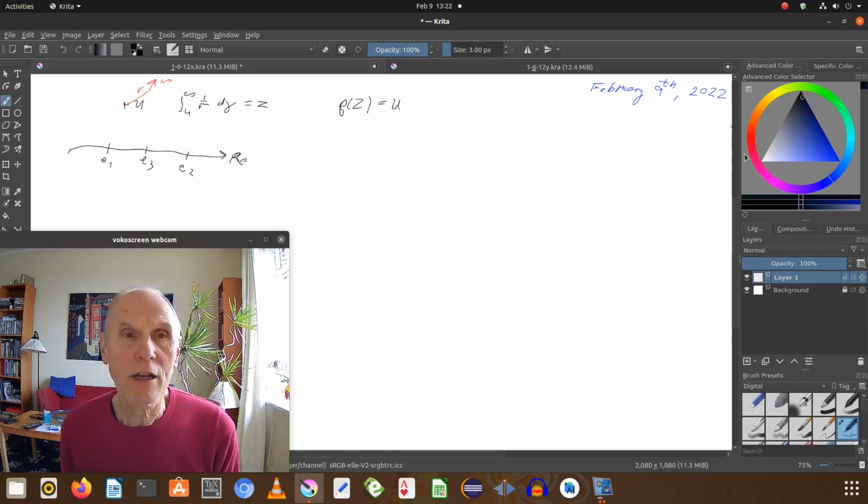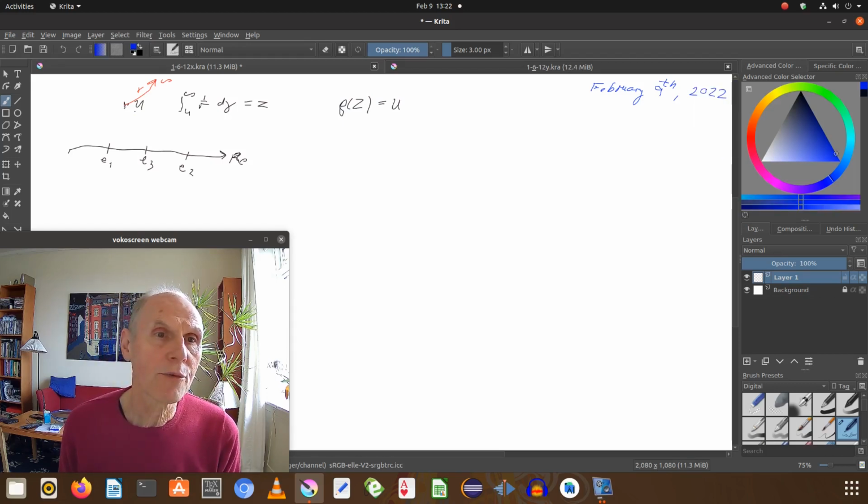Now, I made the claim that taking a path towards infinity, circling around e1, and then going towards infinity, would change the sign of u, and I think that's wrong. So let's try to look at it.